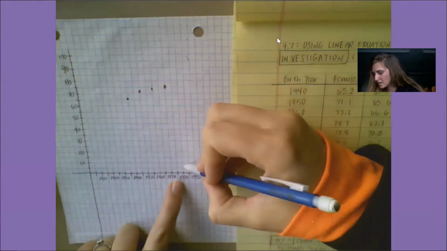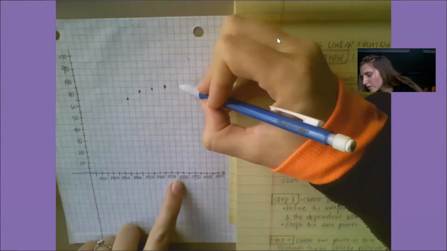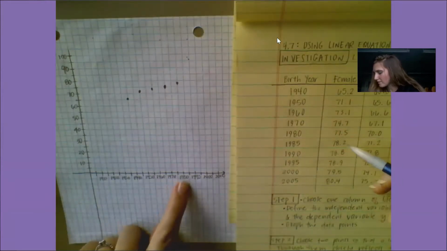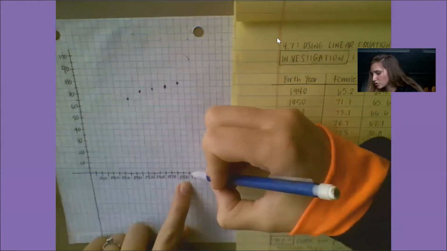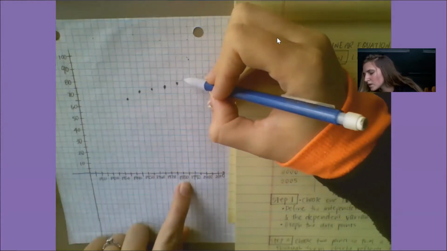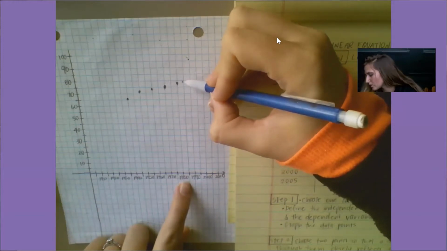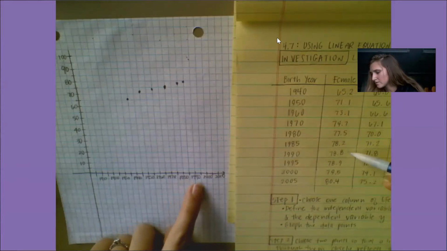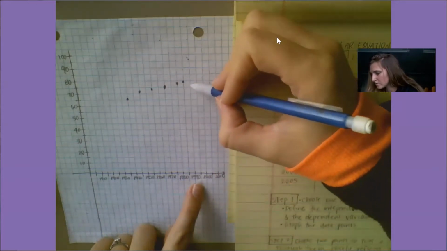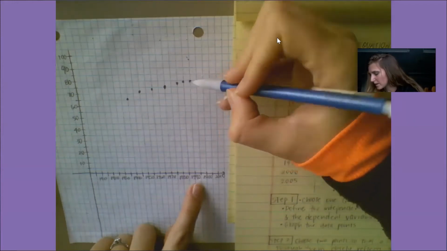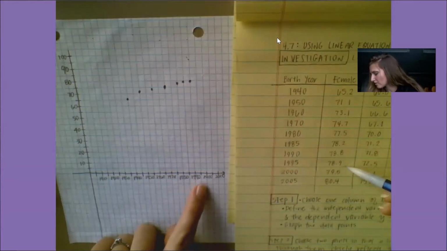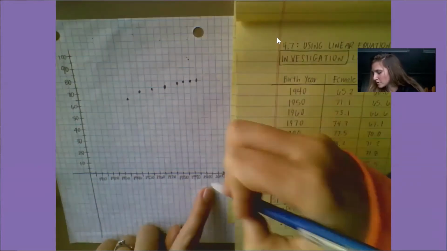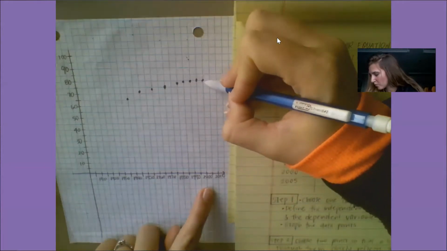1980, it's 77.5. 1985, it's 78.2. 1990, 78.8. They're all kind of around that same place. 1995, 78.9. 2000, 79.5.